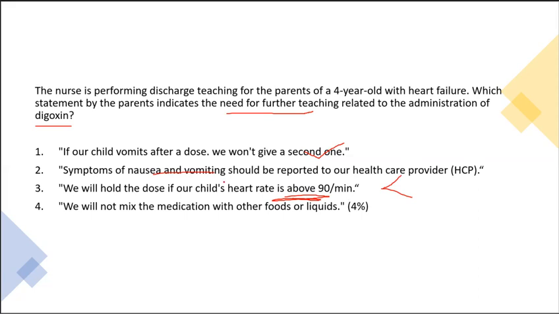And if she says we will not mix the medication with other foods or liquid, well, that would be a good one, because if you've mixed it already and the child refuses to take the medication, then you wouldn't even know how much of the medication has been ingested. So number 3 would be our correct answer.